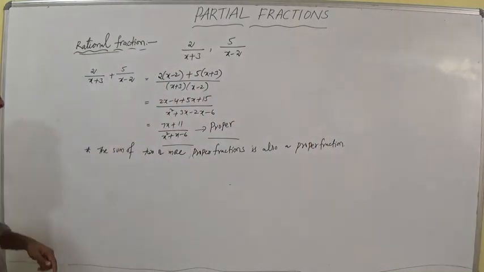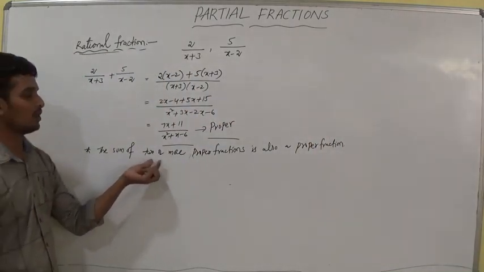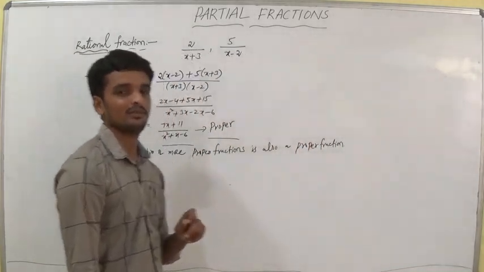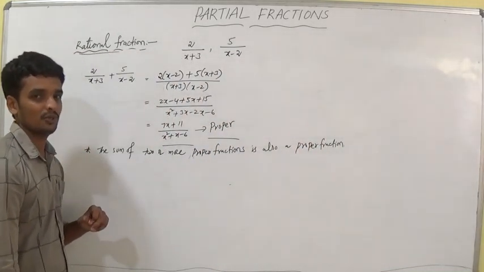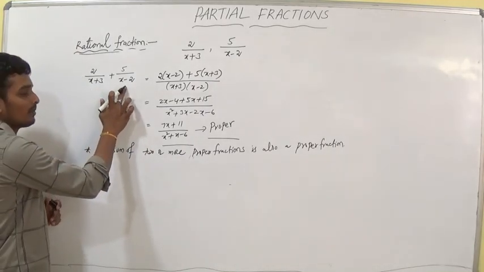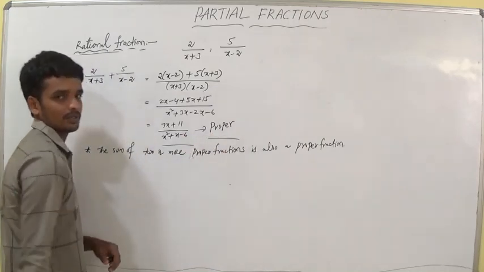Do you understand? What can you conclude? The sum of two or more proper fractions is also a proper fraction. So that means if you add two proper fractions, we are getting a proper fraction.